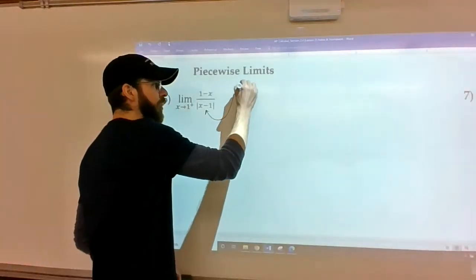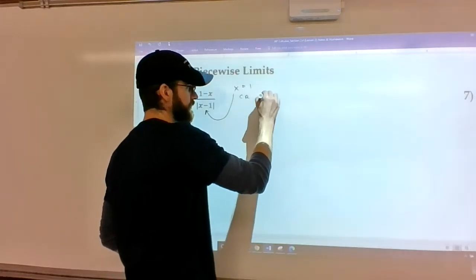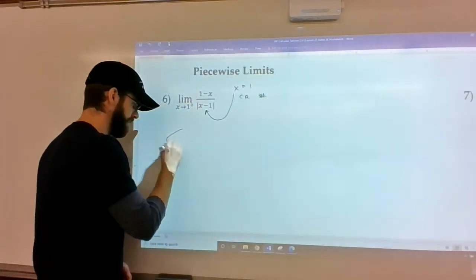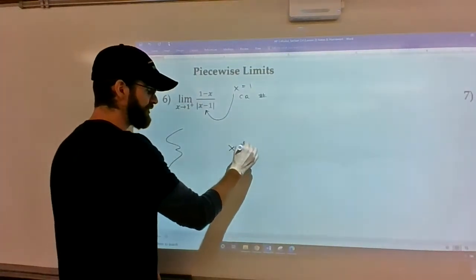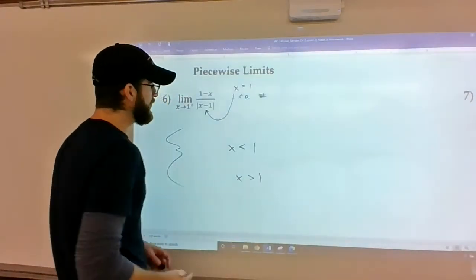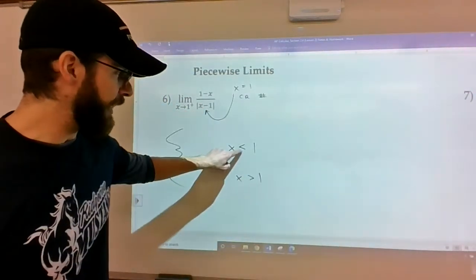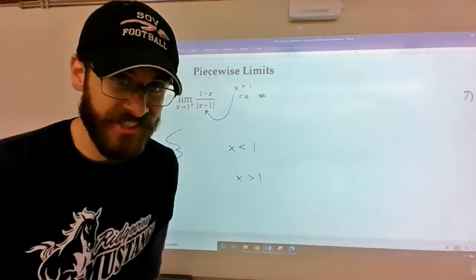So x equals 1 is going to be critical to the piecewise. It means that the piecewise is going to do something when you're less than 1 and something when you're greater than 1. Since it's on the bottom part of the fraction, I wouldn't put an equal sign to fill in that hole, because you can't divide by 0.